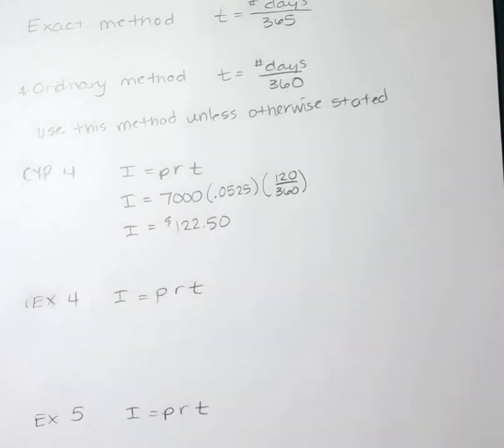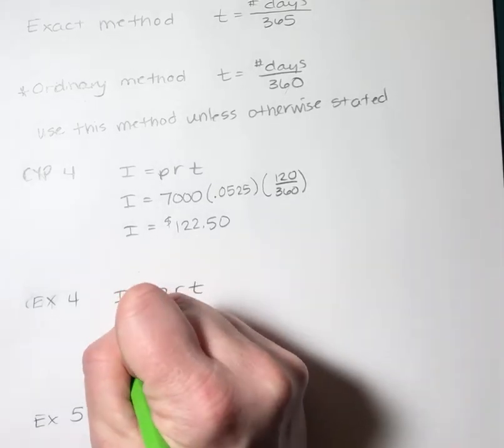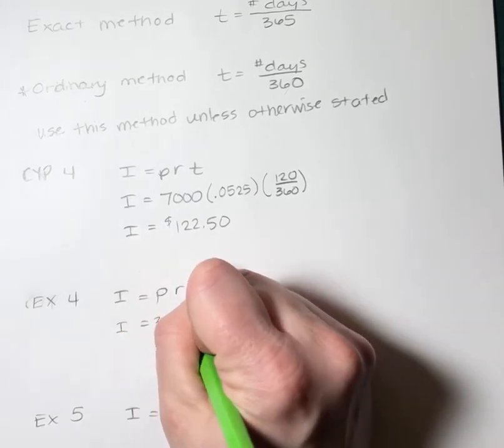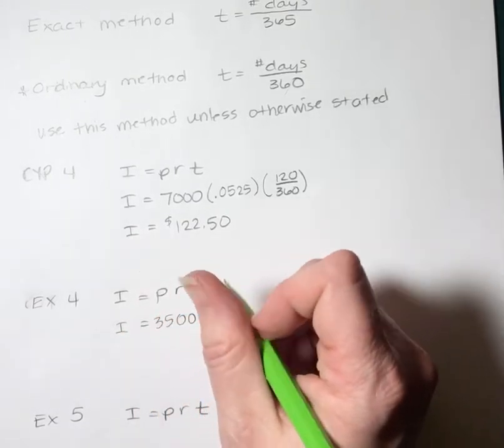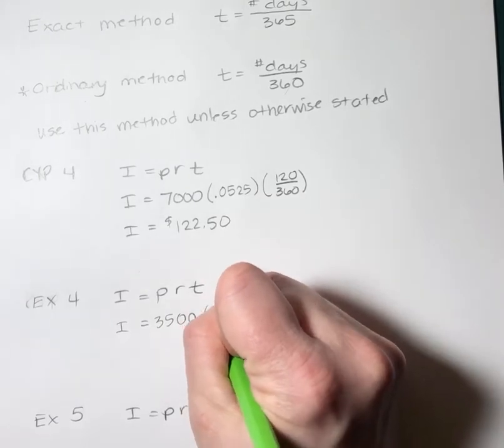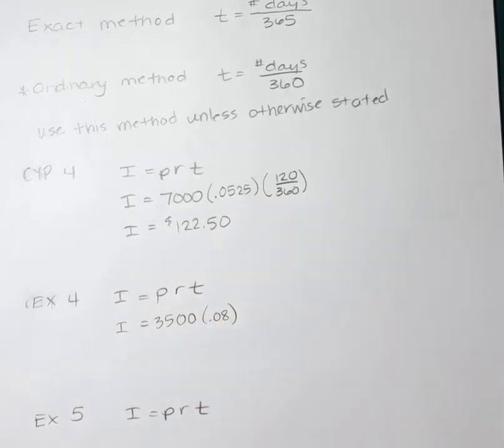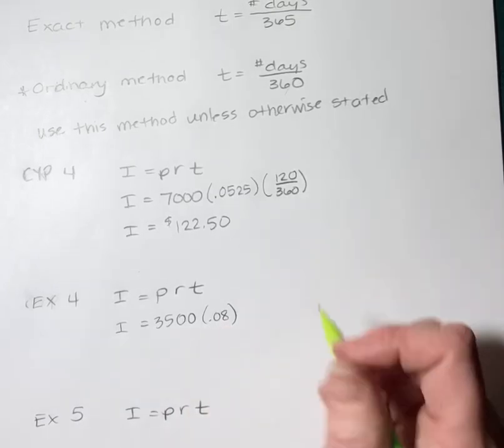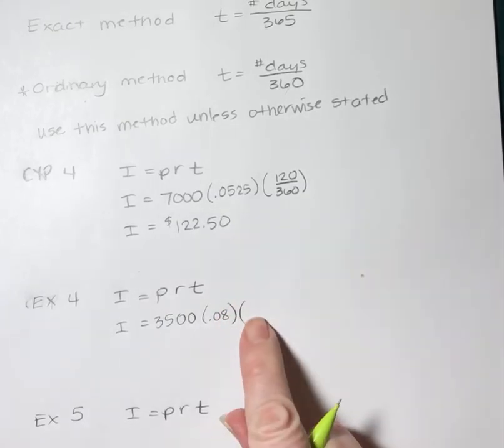Okay. Example 4 says, calculate the simple interest due on a 45-day loan of $3,500 if the annual interest is 8%. So, loan, $3,500. That's your principal. The rate is 8%, so 0.08. The time is 45 days. I know that I have to change it because this said it's the annual interest rate. So this has to be annually.